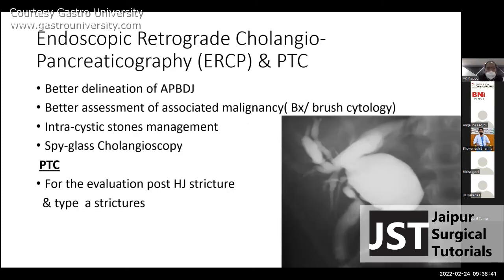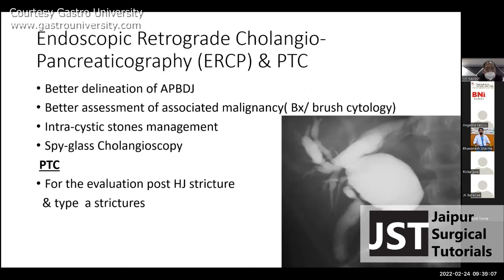ERCP and PTC delineate the anomalous pancreatico-biliary ductal junction very well. It's also used for better assessment of associated malignancy by biopsy or brush cytology.